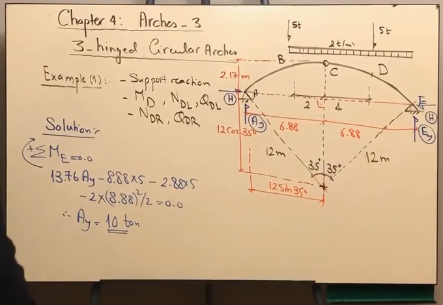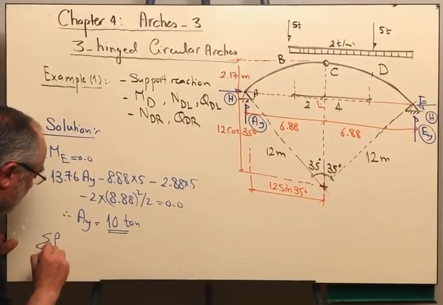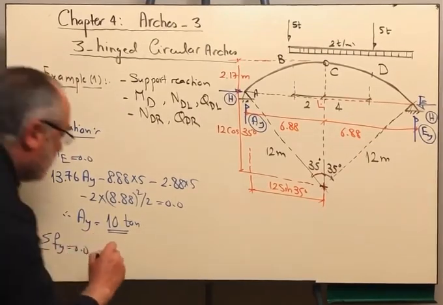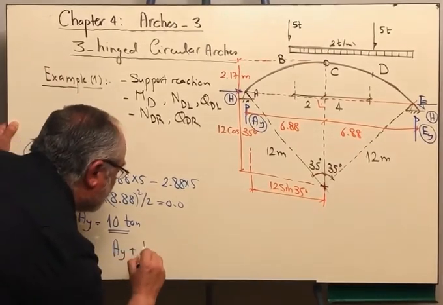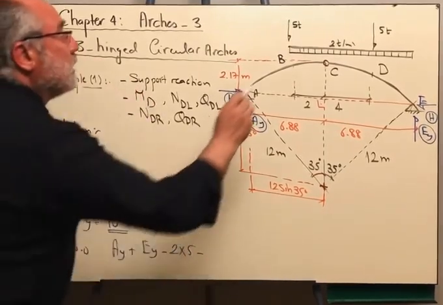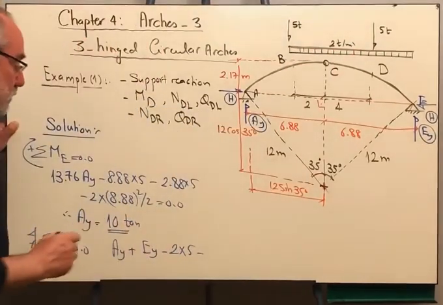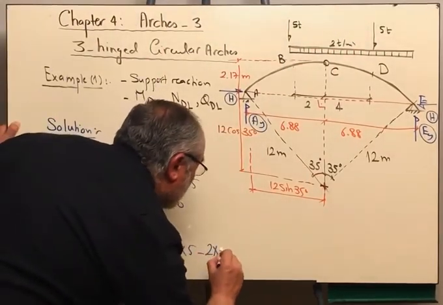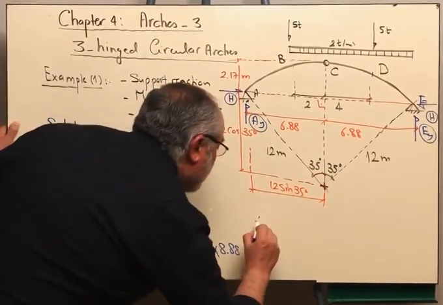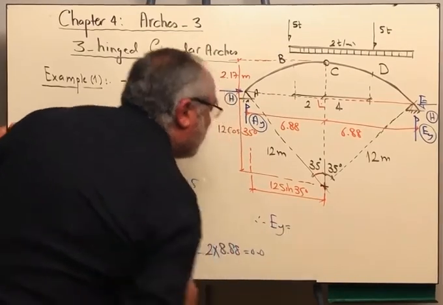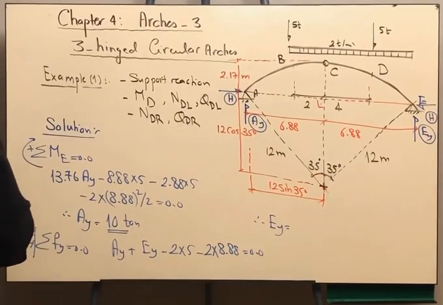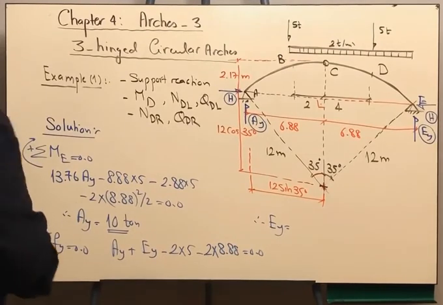Then we have sigma Fy is equal to 0. This is the positive direction. Then I am having AY plus EY minus 2 by 5 minus the resultant of the distributed load, which is 2 multiplied by 8.88, is equal to 0. From there, we get the value of EY, and this will be equal to 17.86.